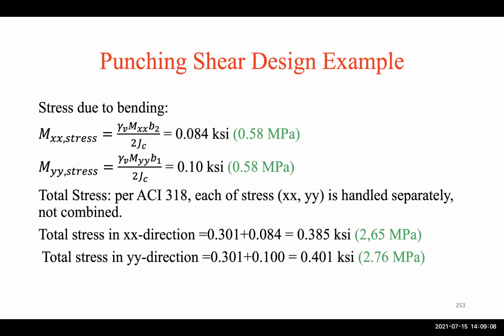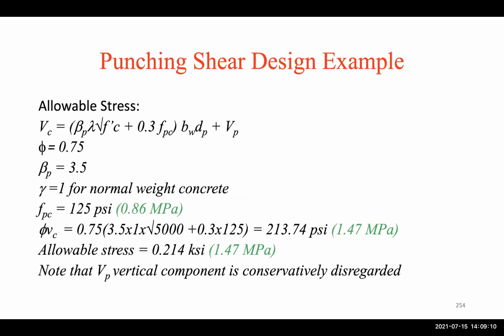So we check these stresses and then we compare them to the allowable stress, which is given by this ACI equation. So here, this is the concrete capacity, but it has the contribution of the post-tensioning force in the cables.